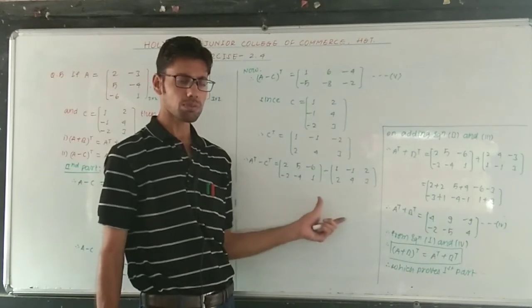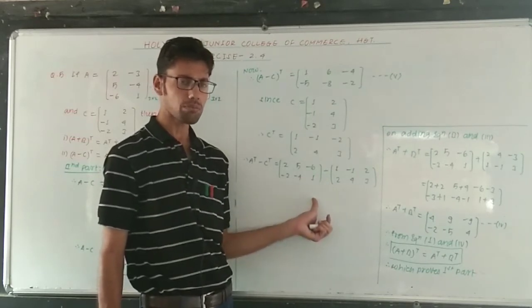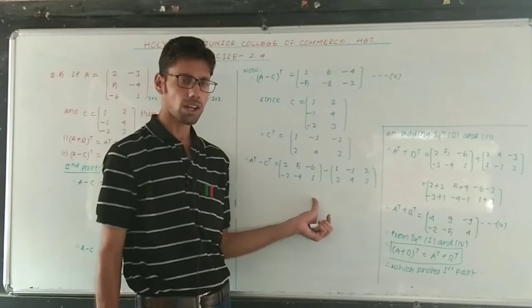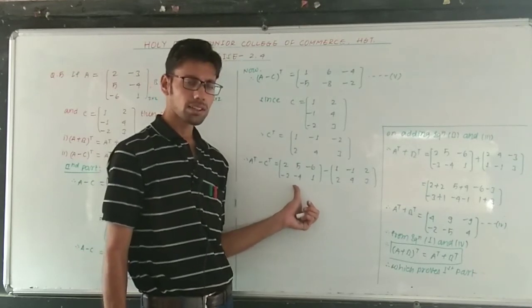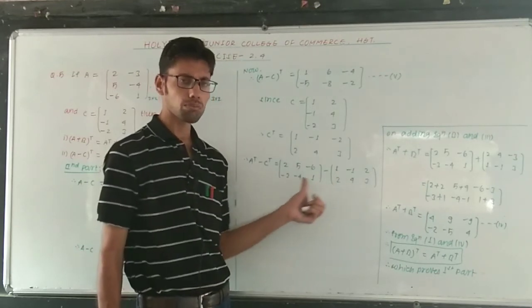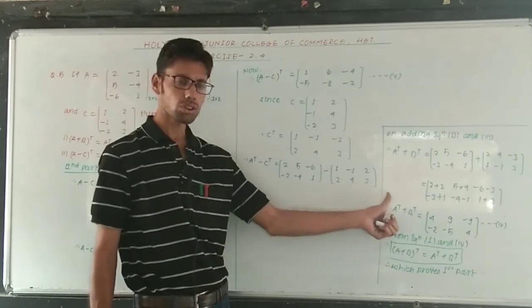Now we have to do the subtraction of two matrices. Subtraction of two matrices is possible only when their orders are the same. What is the order of the matrix? It contains 2 rows and 3 columns, 2 by 3. The order of the other is also 2 by 3.